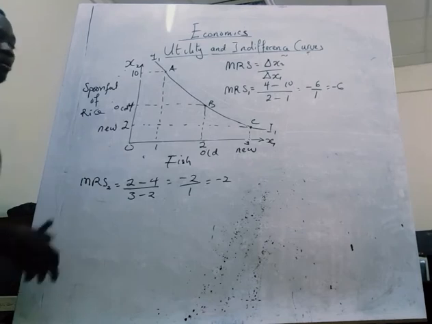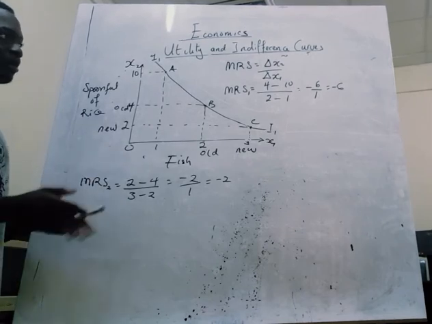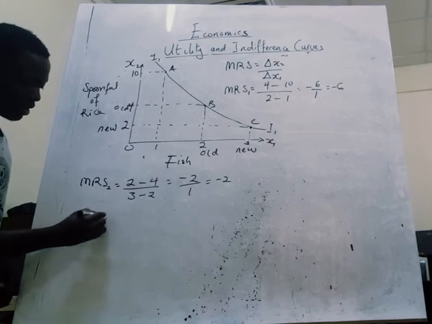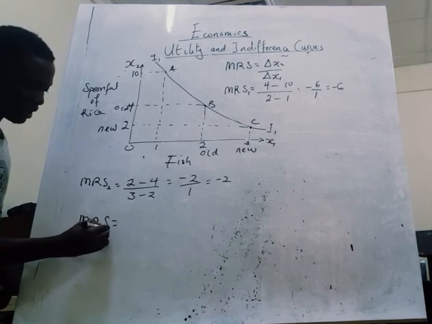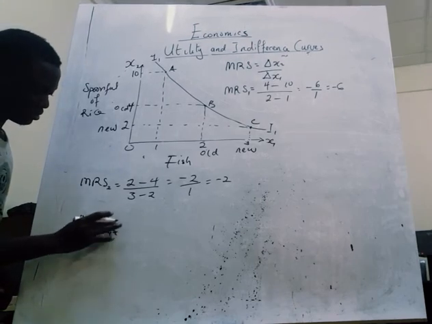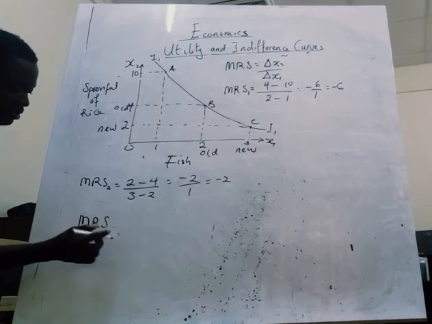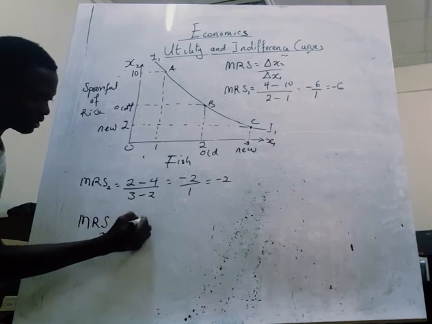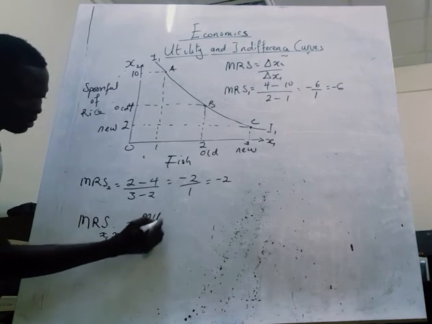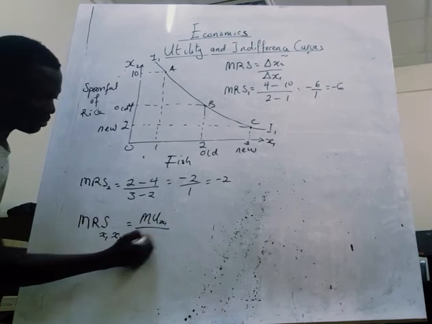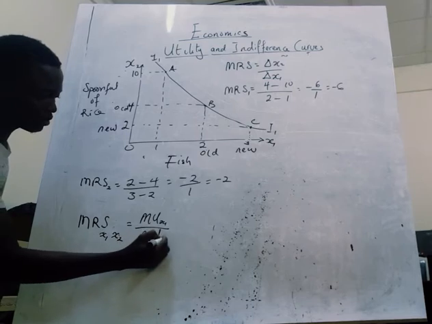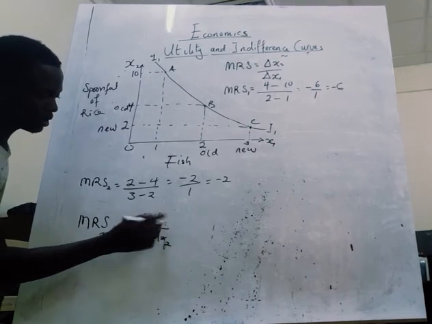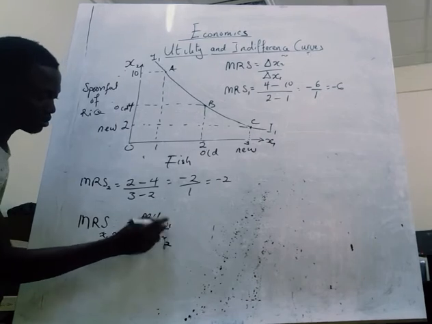Alright, upon further calculations, the MRS between x1 and x2 is also expressed as the marginal utility of good x1 divided by the marginal utility of good x2. Let me write this clearly: x subscript 2, x subscript 1.